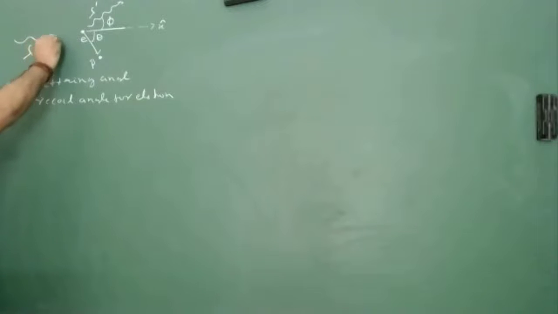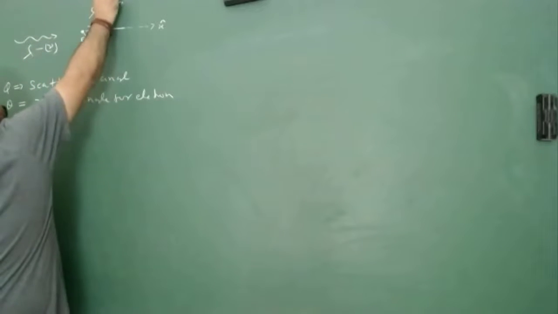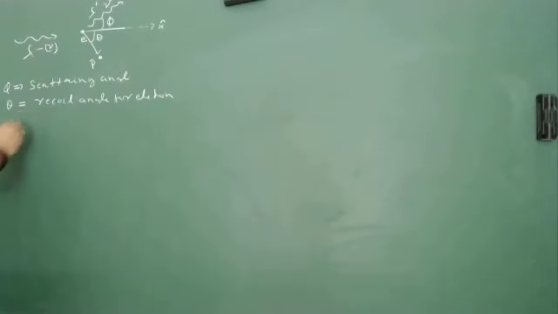Initially this will be nu, and this will be nu dash. Obviously lambda dash is greater than lambda and nu dash is less than nu, because if lambda is greater then nu must be smaller. So what will be the incoming momentum? This is in the x direction, so I am taking momentum along the x-axis.